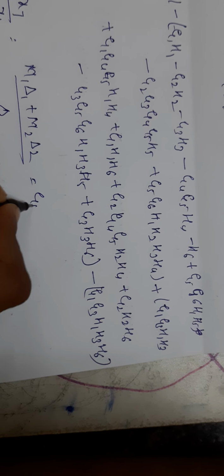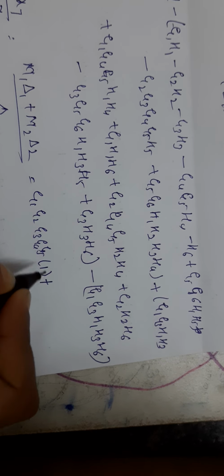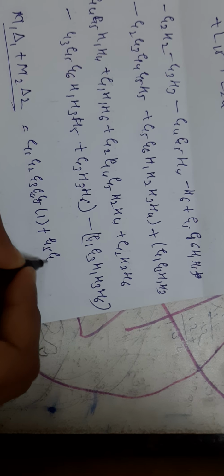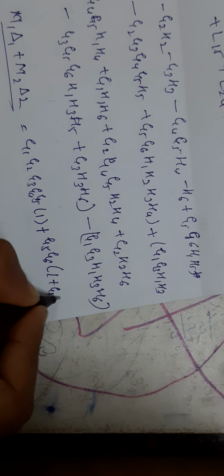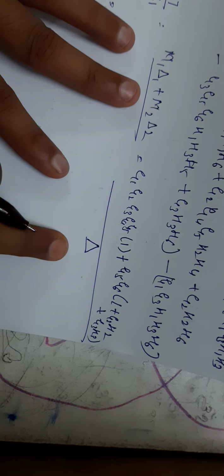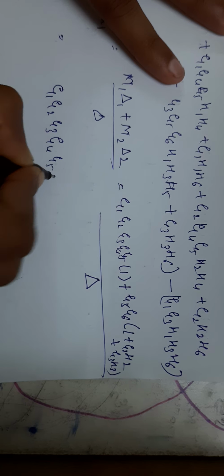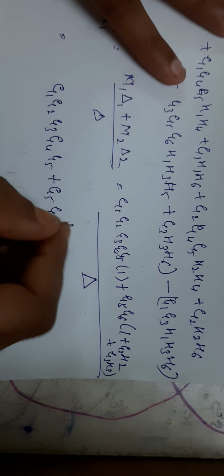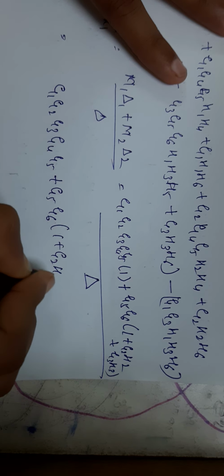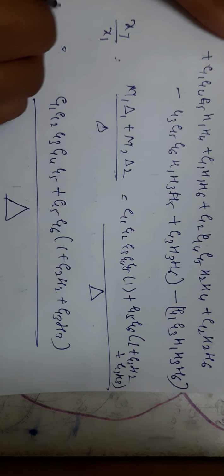So M1 delta 1 is G1 G2 G3 G4 G5 into 1, plus M2 delta 2, that is G5 G6 into 1 plus G2 H2 plus G3 H3, divided by the whole delta value, or simply you can write delta. Simplify this: G1 G2 G3 G4 G5 plus G5 G6 into 1 plus G2 H2 plus G3 H3 divided by delta. This is our transfer function.